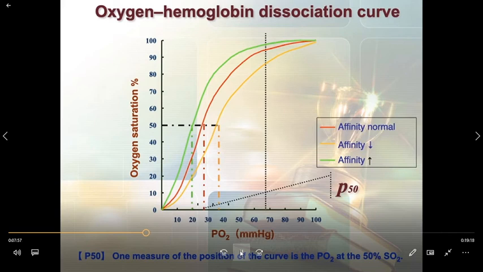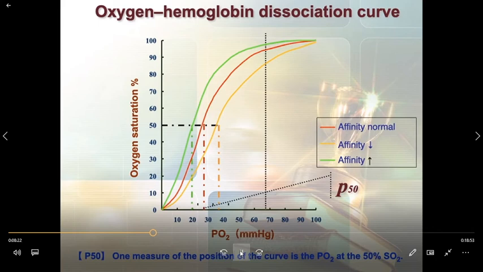And the ability of oxygen-hemoglobin dissociation or combination can change to the opposite way, which is the green one, meaning the red curve moves towards the left side.